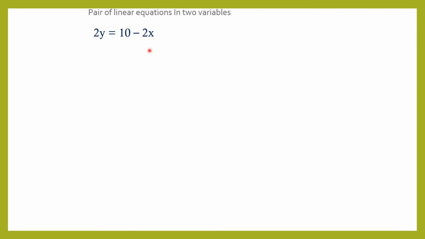Here 10 and 2 are divisible by 2, so it is written as y equals 10 by 2 minus 2x by 2. 2 fives are 10, 2 ones are 2, they cancel. So y equals 5 minus x.